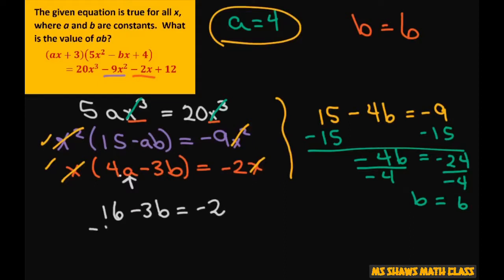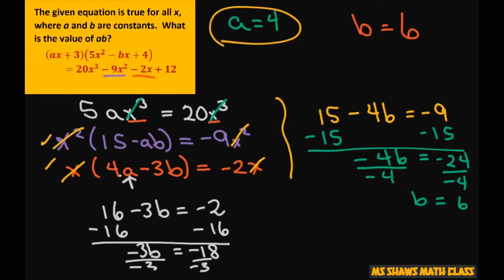So subtract 16 from both sides, and you get negative 3b equals negative 18. Divide both sides by negative 3, and that's going to give you 6 again. So b indeed is 6.